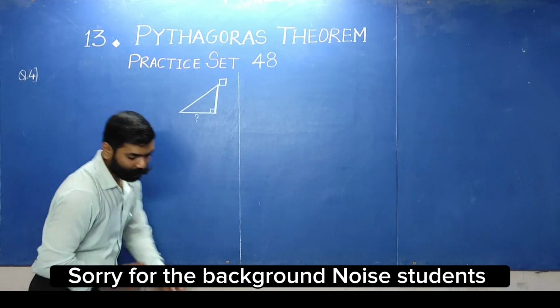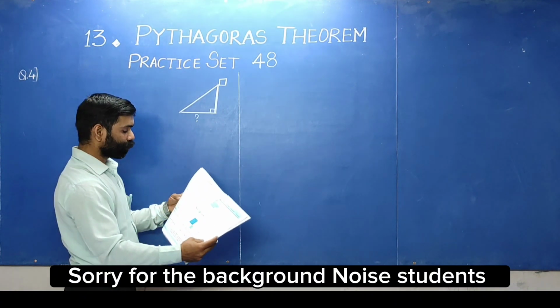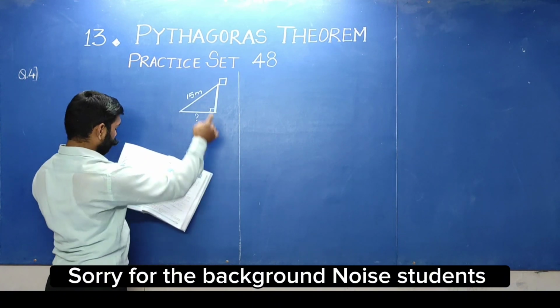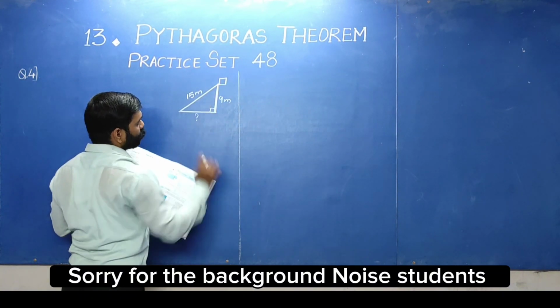The length of the ladder is given as 15 meter, and the window is 9 meter above the ground.